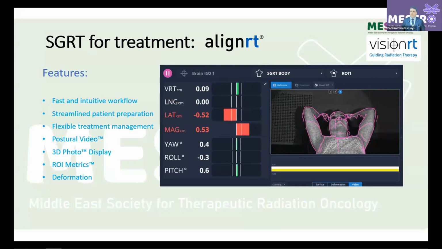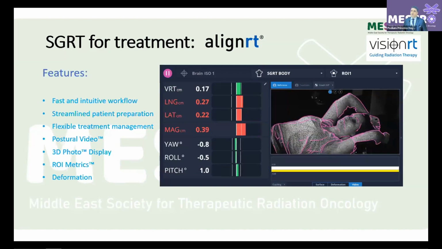On the left side, you will see something we call the real-time deltas. So the deltas are actually now telling you patient's submillimetric positioning versus the isocenter.